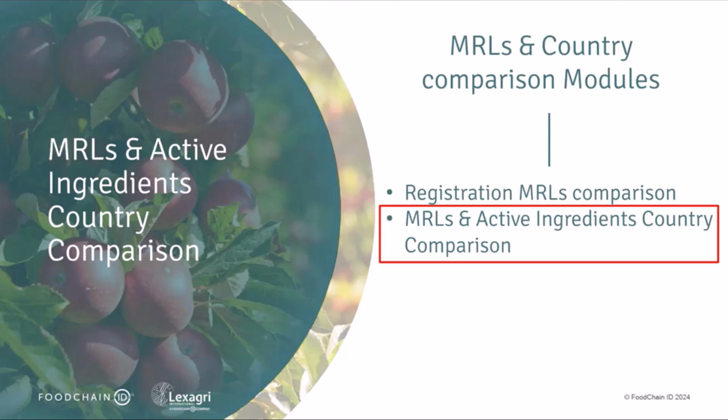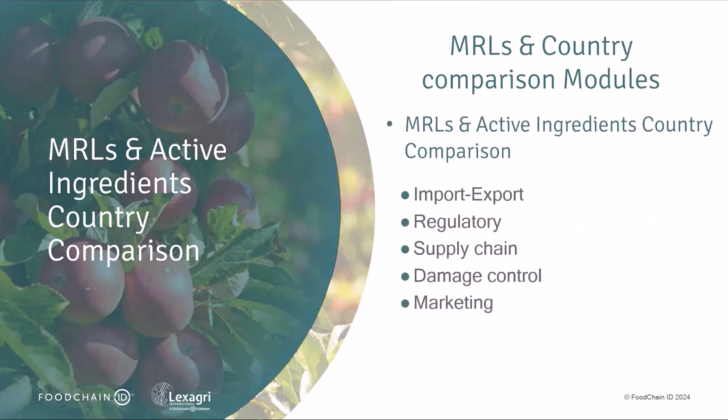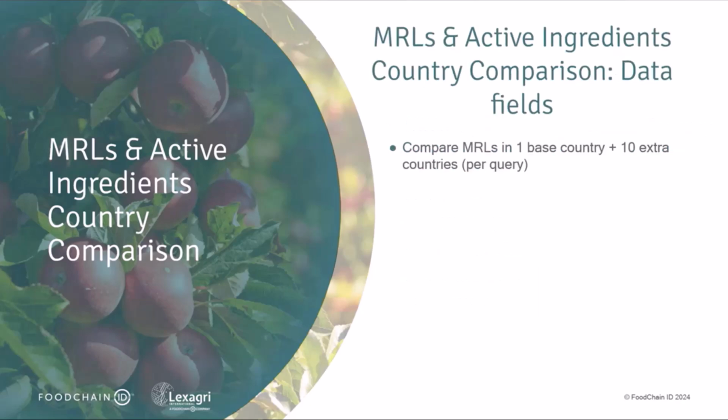This module, MRLs and active ingredients country comparison, was designed to provide powerful and easy-to-use information to a wide range of teams, from import-export teams to marketing teams. This module will allow users to compare MRLs in a base country with up to 10 other countries per query.